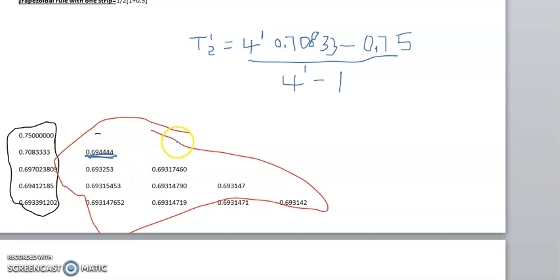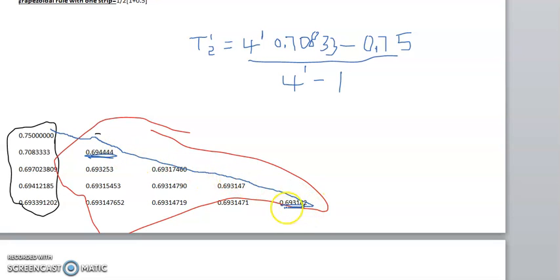Now what you're supposed to do, you just apply that formula to the rest of this column, the whole of this column, and you'll get your final answer here. This is the approximate value. And now you can clearly see that this is a triangular shape.